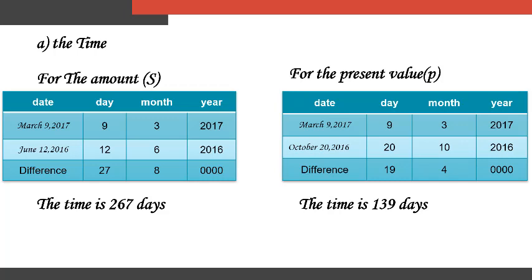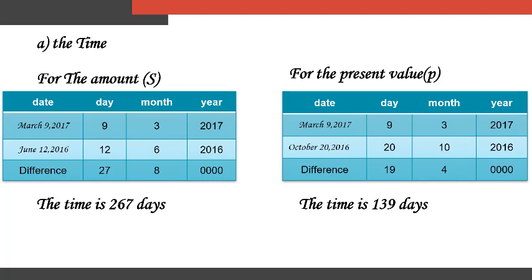We will start with days. 9 minus 20, we will get negative 11. We can't have negative days, so we will take 1 month with 30 days from 3. We have 39 minus 20 to get 19 days.